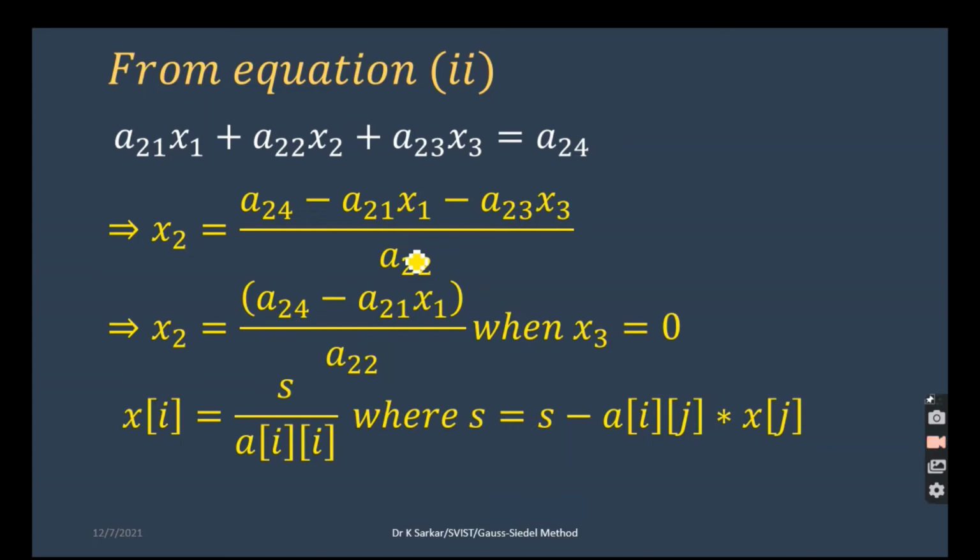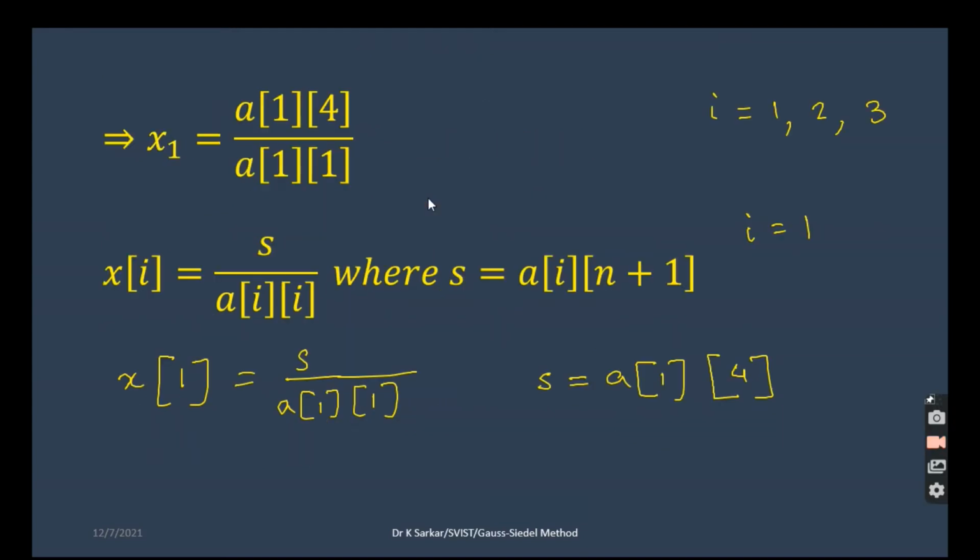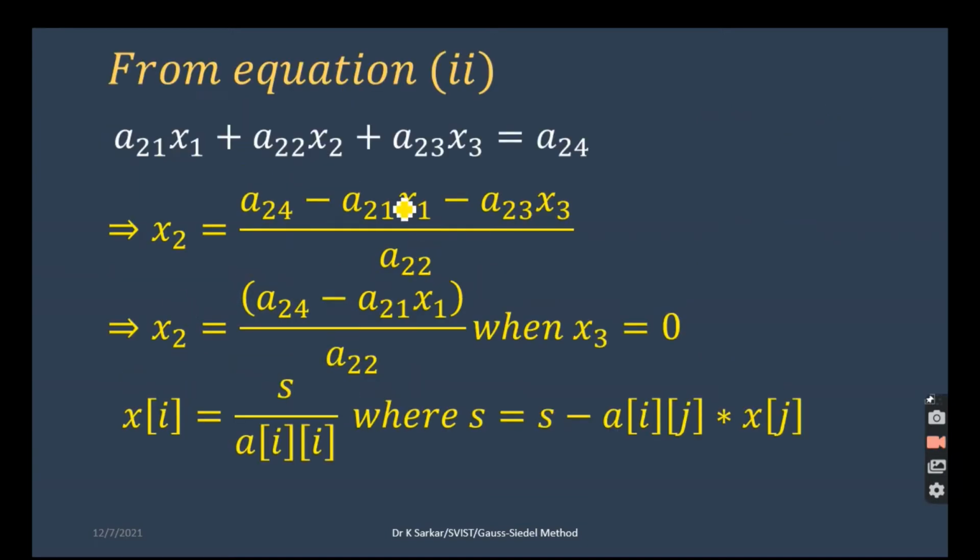Now you have noticed that the initial approximations we have taken for x1, x2, x3 are 0, 0, 0. But here this x1 you cannot take as 0. Why? Because you have already found x1. So this new x1 you have to put here, and this x3 is the initial approximation, which is 0. So if we put 0, then we get A24 minus A21 x1 divided by A22.